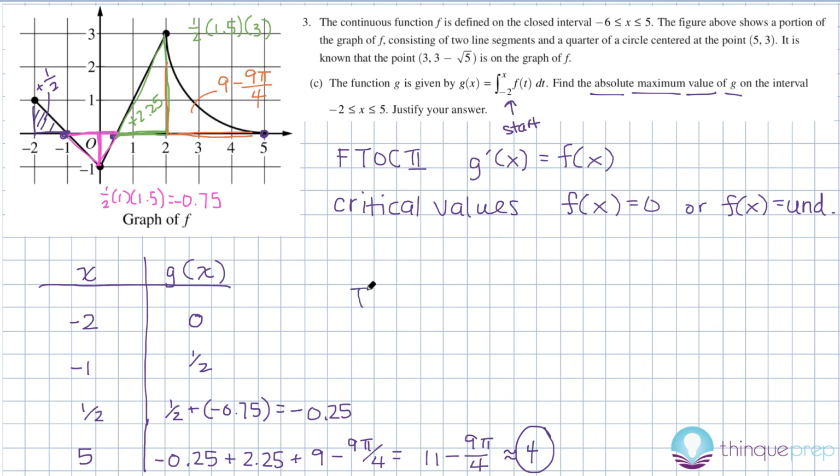So we can say something like this: the absolute maximum value of g is 11 minus 9 pi over 4. Notice they didn't ask us for the x value, but we could say that it occurs when x is equal to 5. And then this whole table right here is acceptable justification for this question. So that's that.